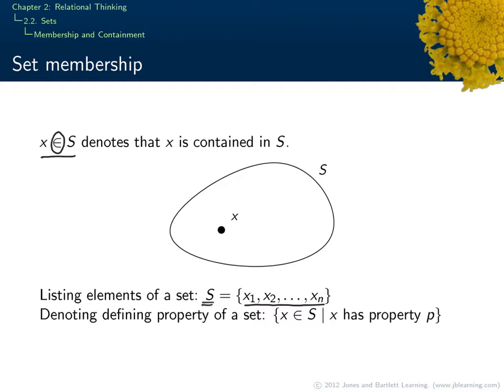And so another way to characterize the members of a set is to use defining properties of the objects in that set. In that instance, we say that the members of our set are all of the objects possessing a certain property.